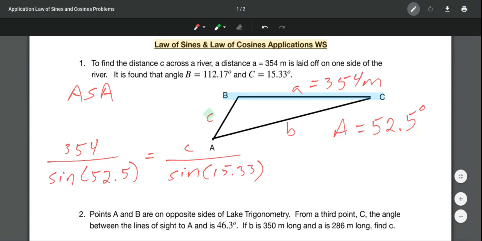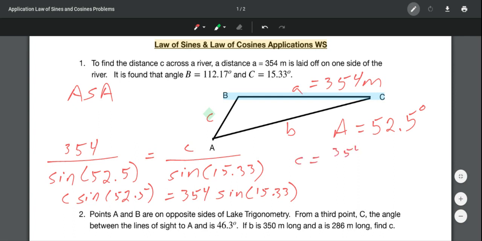So I cross multiply, and I'm getting c times sine of 52.5 is equivalent to 354 times the sine of 15.33. And then I'm going to divide. So then I would know c is equivalent to 354 times the sine of 15.33 all over the sine of 52.5.